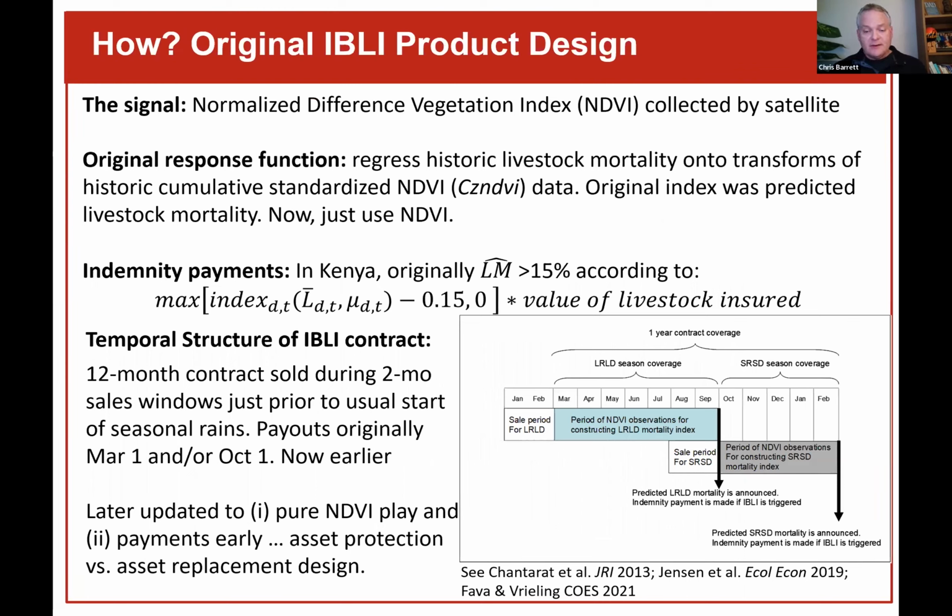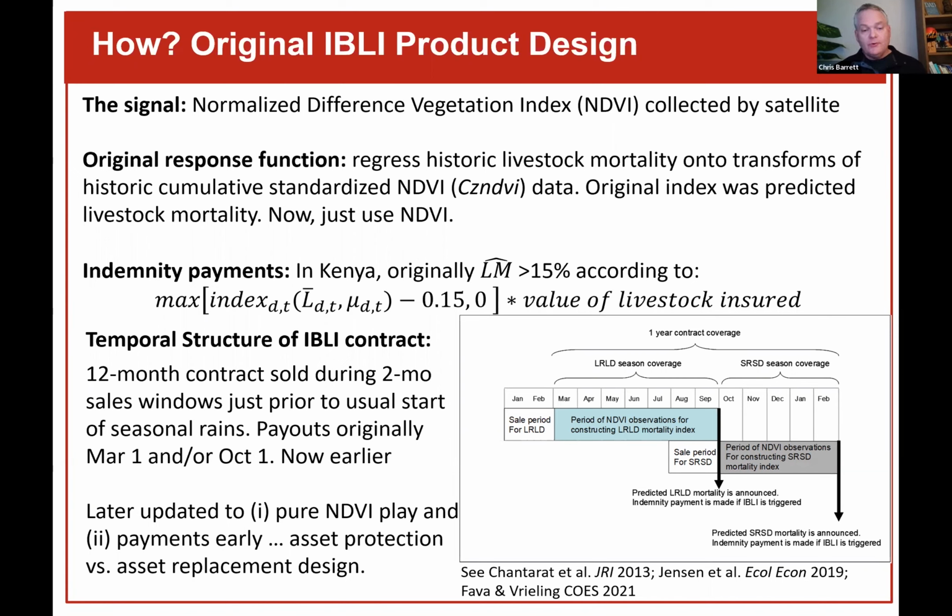Without getting into the details of product design, the basic idea behind the IBLI product was there are two rainy seasons typically in this area of northern Kenya and southern Ethiopia, and we'd set up two sales periods during the dry seasons, just before commonly you would start to see the long rains come, starting sometime in March, and the short rains come starting sometime in October.